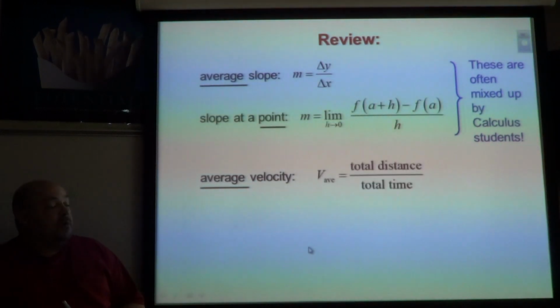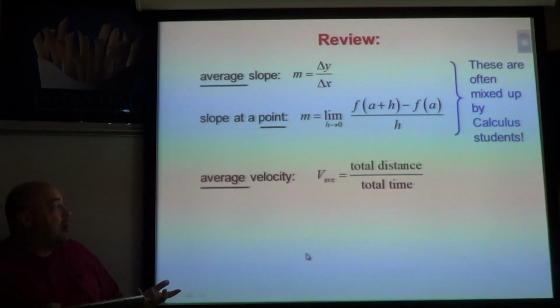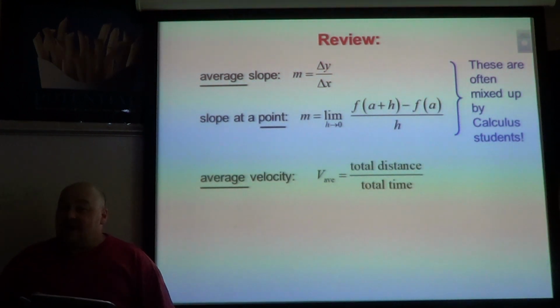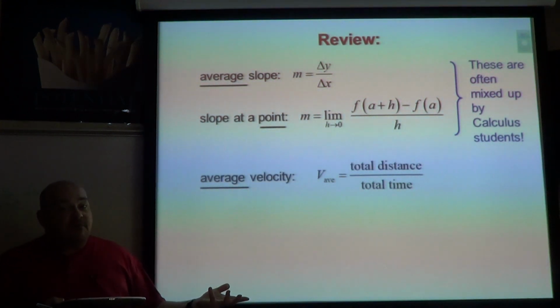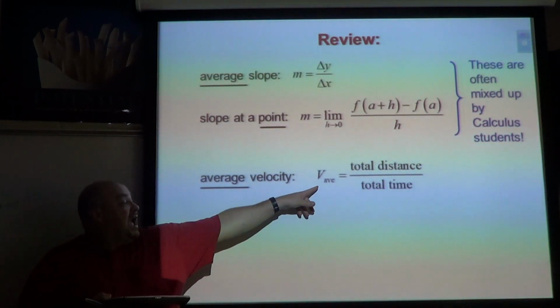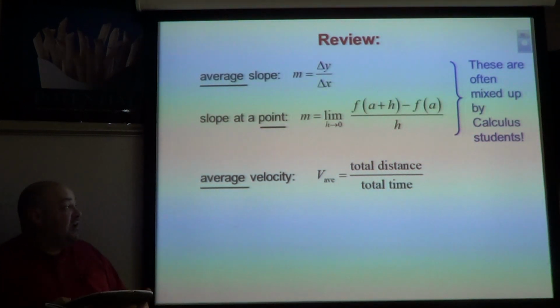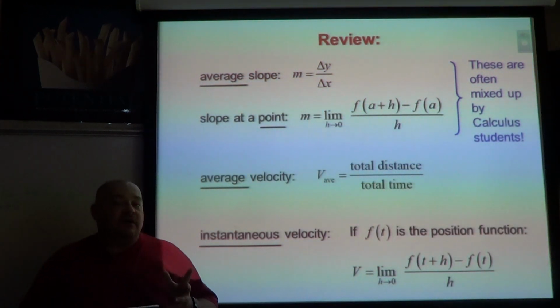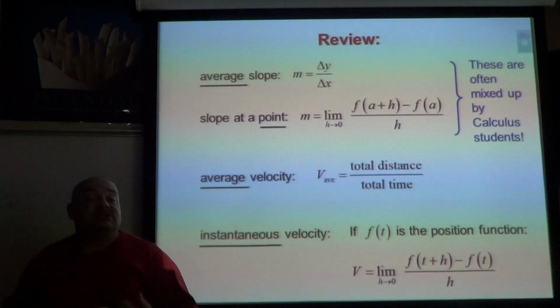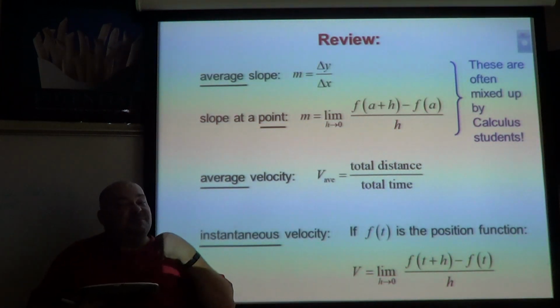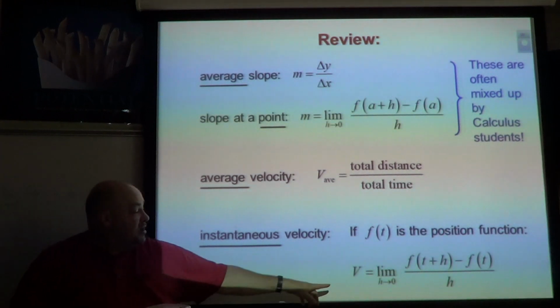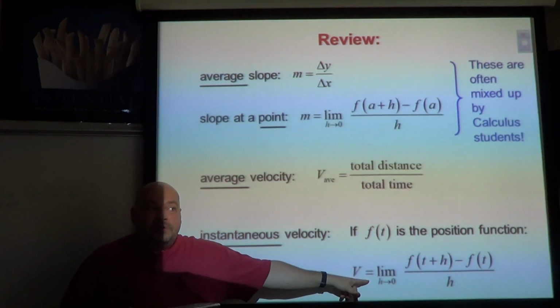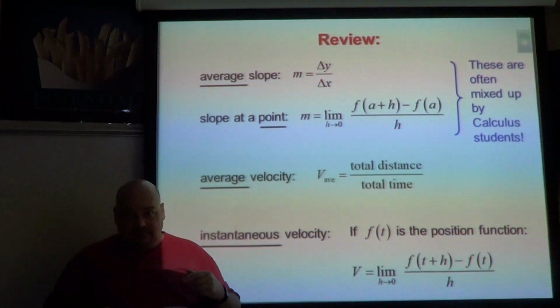Okay, and the same thing when we start talking about applied problems is for average velocity, which we started this whole limit thing off with, if you remember. The average velocity was just the total distance divided by the total time. Whereas the instantaneous velocity, if we have a function f of t that we know is the position function, that will tell us the position at any time, well, it's going to be this thing, which, if you know this, is the same thing as that thing.